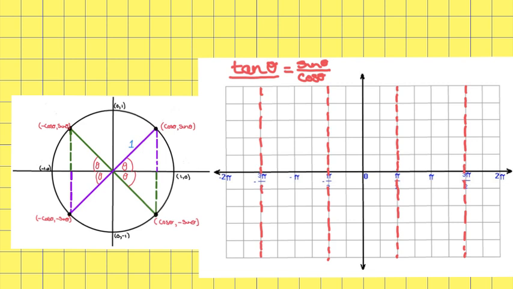So between 0 and 90 degrees, it is positive, and it's going up towards the asymptote but never touches it. And then it comes down there and never touches it.